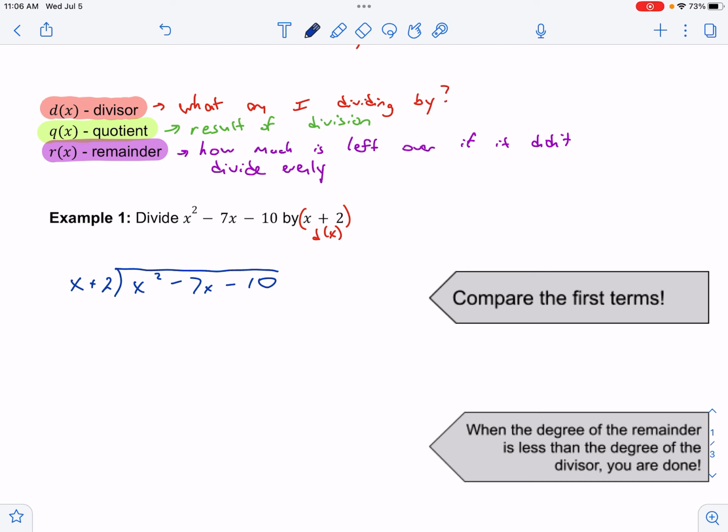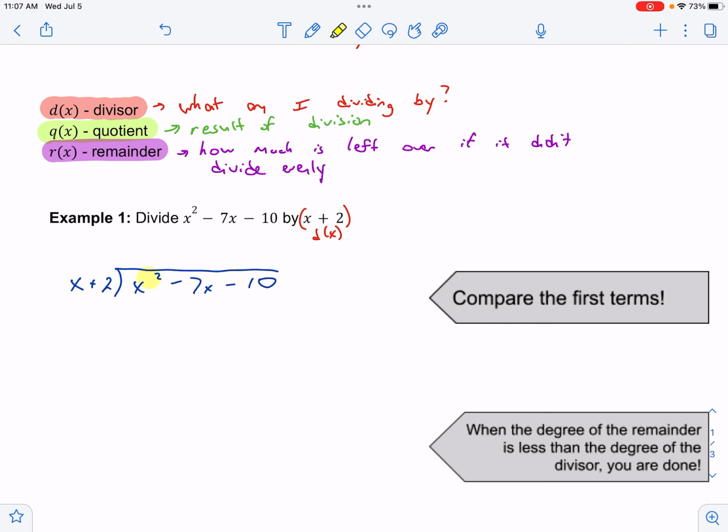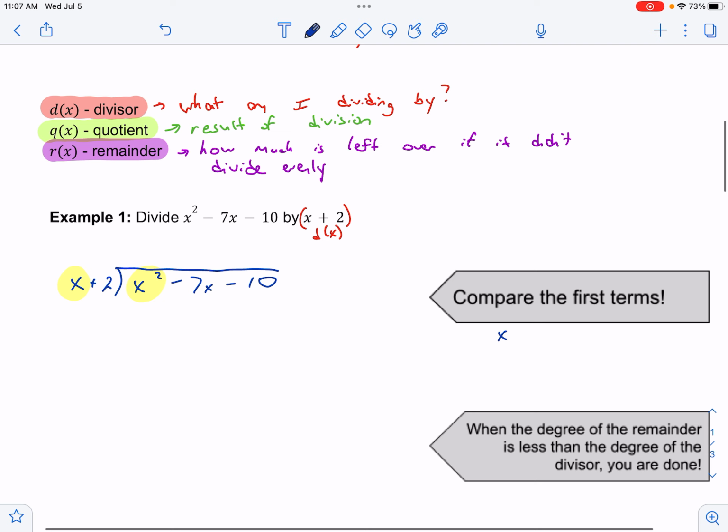And here's how long division goes. I'm going to be comparing the first terms in both my question and my divisor. So I'm going to say to myself, how many times does x go into x squared? Or you could think of it, what is x squared divided by x?